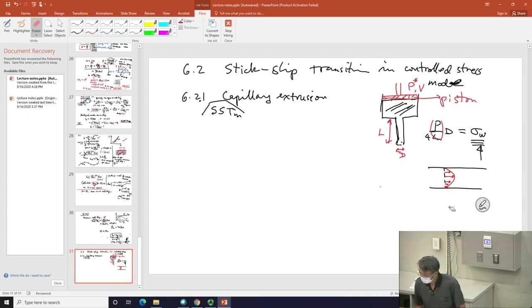So the rheometer can be built this way. In fact, the simplest way you can think about building such a rheometer, very primitively, is you put a dead weight on your piston. Just put a weight of sufficient amount.